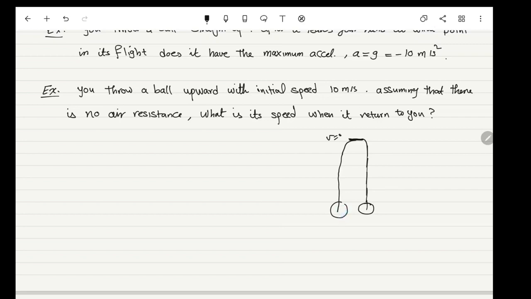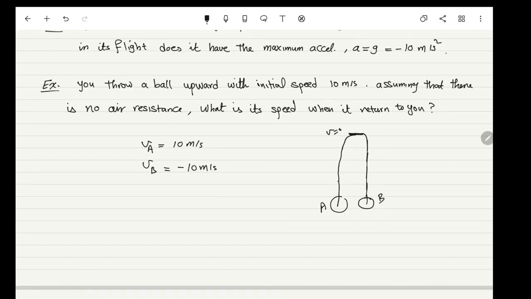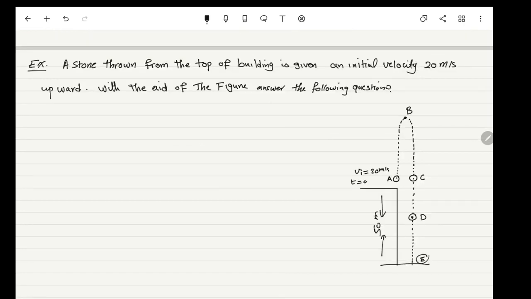So let's rename them position A and position B. V at A equals 10 meters per second. V at B equals minus 10 meters per second. So same magnitude, different directions. The object is going up in this case, and the object here is going down. This is the meaning of the minus sign.